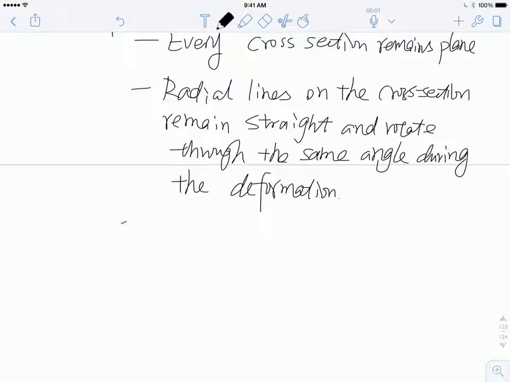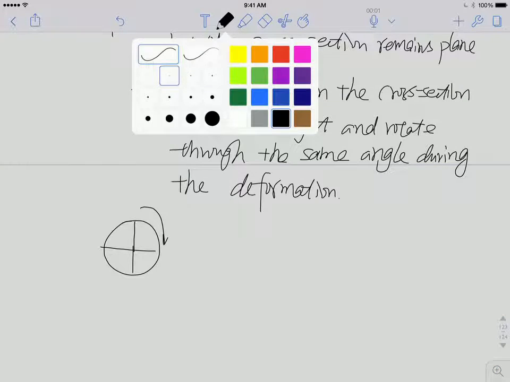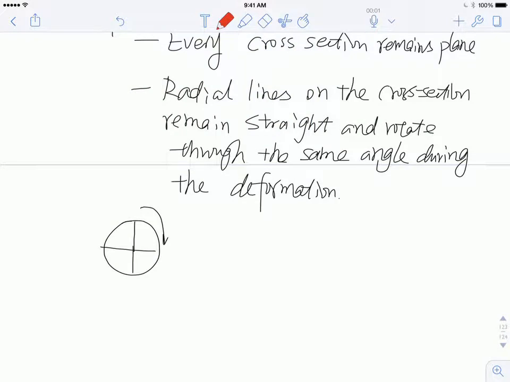Imagine we have a cylinder, and then I apply torque. Remember the steering wheel. Now if I artificially draw these two lines across the steering wheel, when I turn it, these two black lines become these two red lines because you have deformation. Imagine this line turns here, and this line turns here, right?